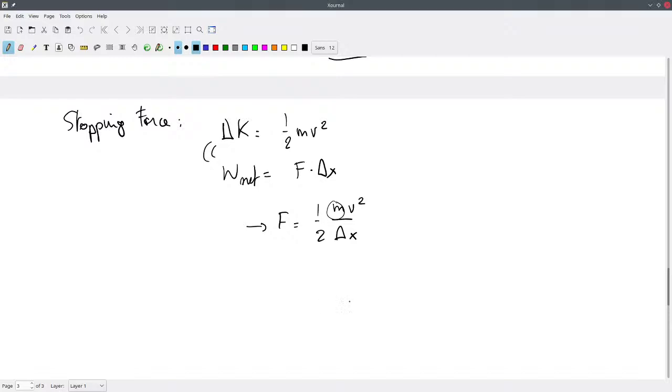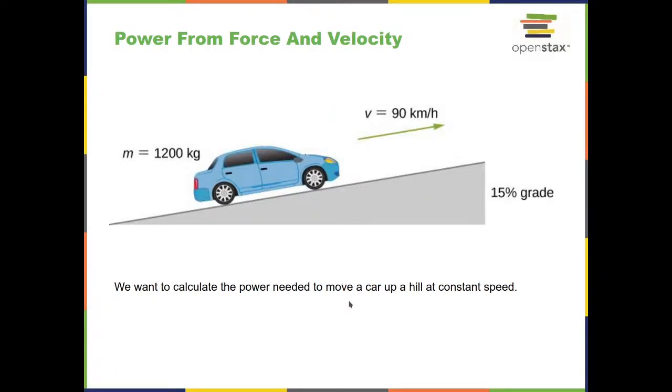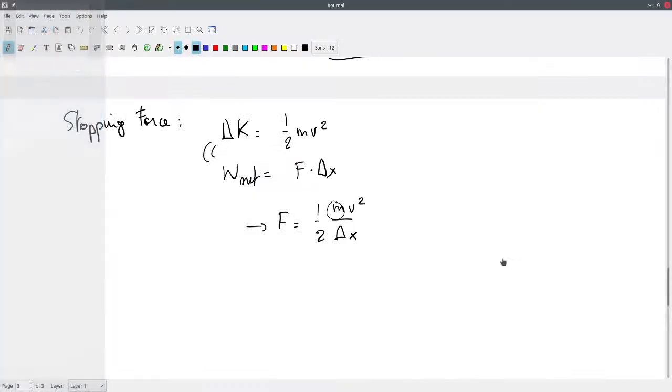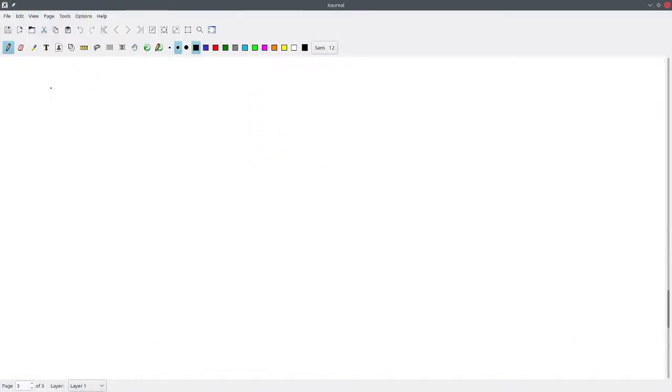Okay, so one final concept for today is power. Power is essentially the work done per unit time. So let me go back to the whiteboard. Power is work over time.